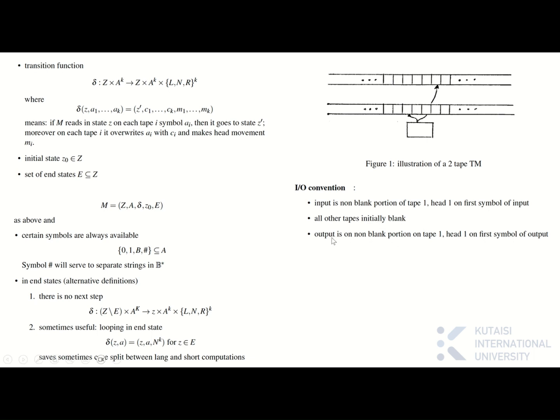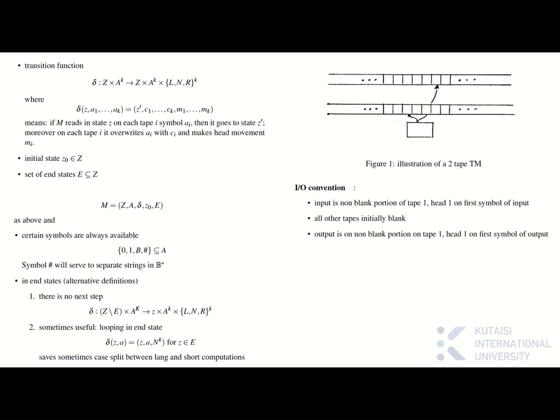And what will I call my output? The output is on a non-blank portion of tape 1 again, with head 1 on the first symbol of the output. Maybe I will need this or maybe not. Ignore this for a moment. So I start my Turing machine with k many tapes. Everything is empty other than there's an input on tape 1. Then I continue doing what my delta says.